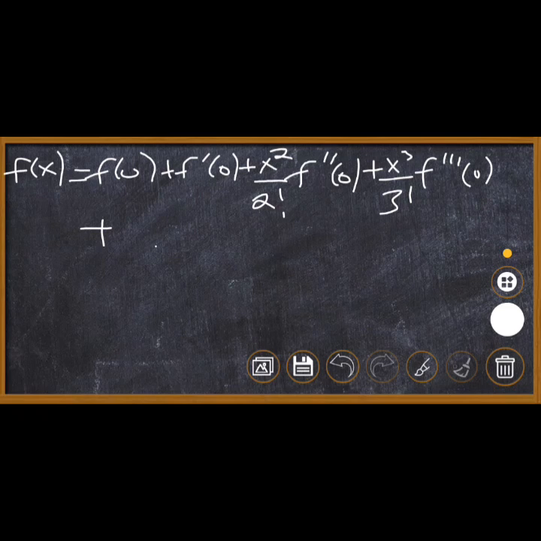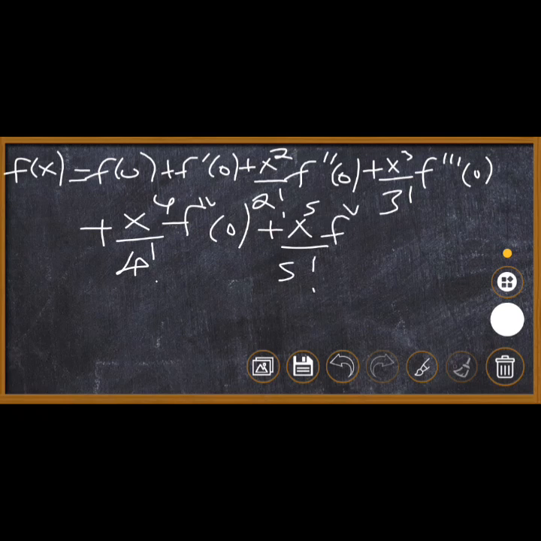So x power 4, okay, and then the fourth derivative of f at 0, plus we have x power 5 over 5 factorial, where there is the fifth derivative of f at 0.